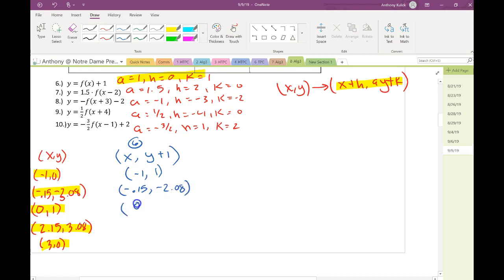Plug 0 in for x, and then 1 plus 1 is 2. Plug 2.15 in for y. 3.08 plus 1 is 4.08. And then 3 in for x. 0 plus 1 is 1. Which one?